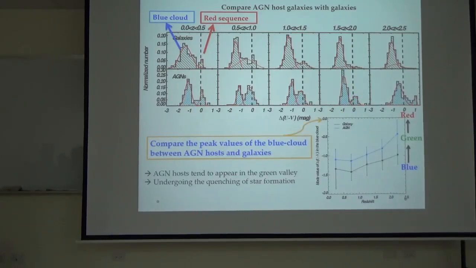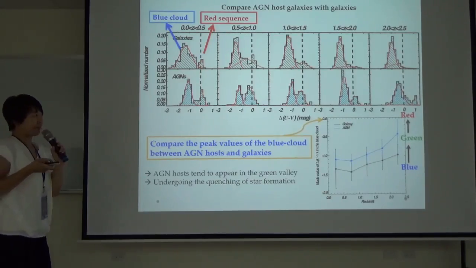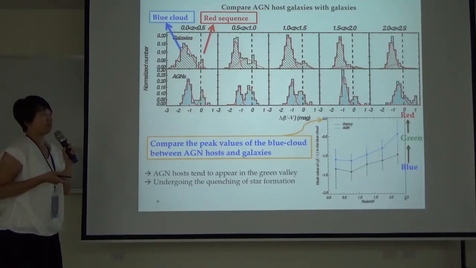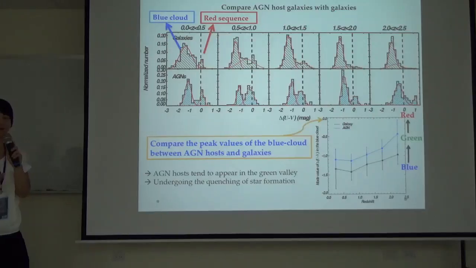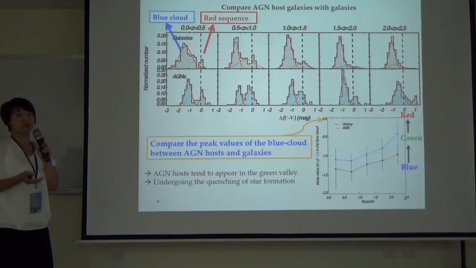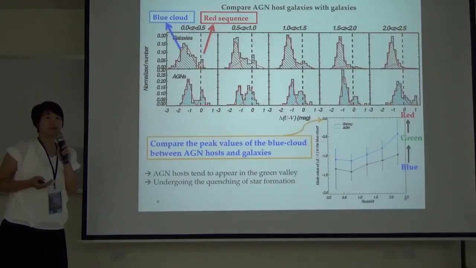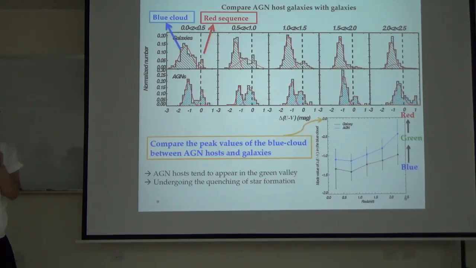So we found that this kind of X-ray selected AGN is greener than most star-forming galaxies. This could be evidence for the AGN transitioning from blue to red, which can be a kind of evidence for AGN feedback. Okay, thank you.